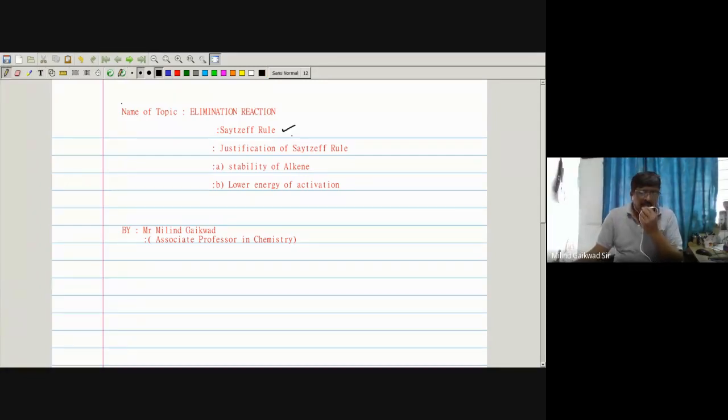Saytzeff rule means that when there is an elimination, it takes place in such a way that the corresponding alkene formed has more alkyl groups directly attached to the doubly bonded carbon atoms. Means the highly alkyl-substituted alkene is formed as the major product.